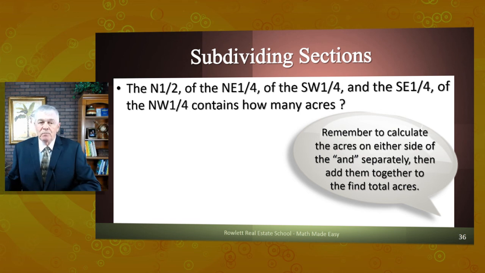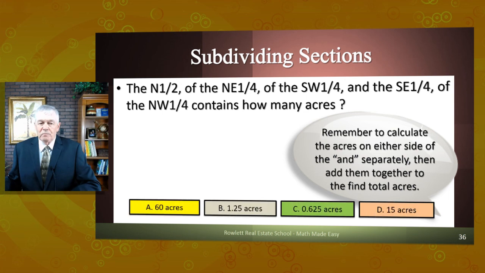I just did. All right, let's do this again. The north half of the northeast quarter of the southwest quarter, don't overlook the word "and." The southeast quarter of the northwest quarter contains how many acres? Go ahead and pause your video and we'll come back with the answer.